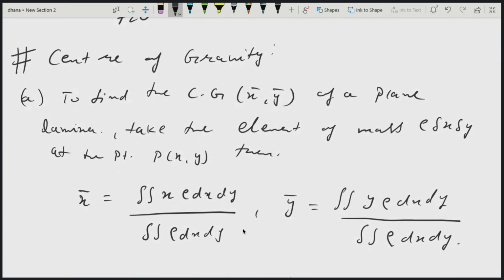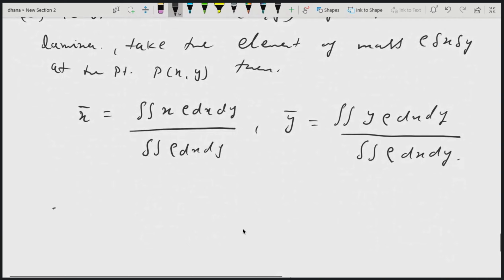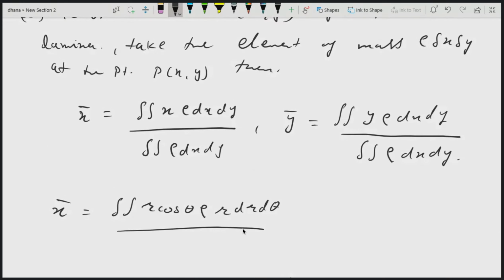The same thing in polar coordinates will be the double integral. X means r cos theta, rho dx dy means again r dr d theta. Understood? Change of variables we are applying here. So if you apply the change of variables, dx dy in polar coordinates is r dr d theta, x is r cos theta, and in the denominator again rho dx dy is r dr d theta.